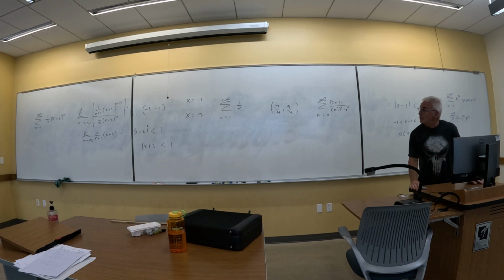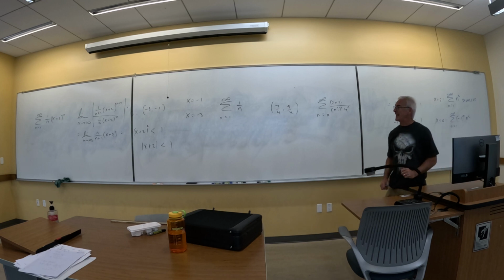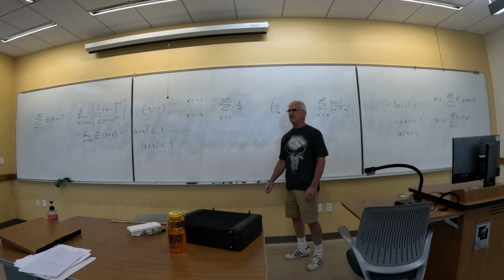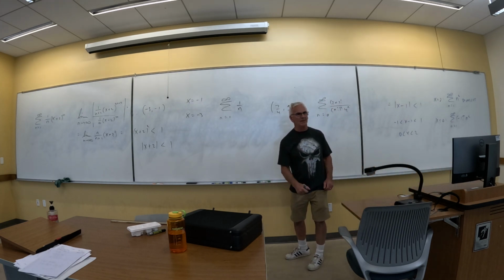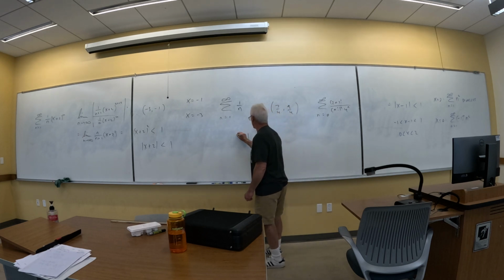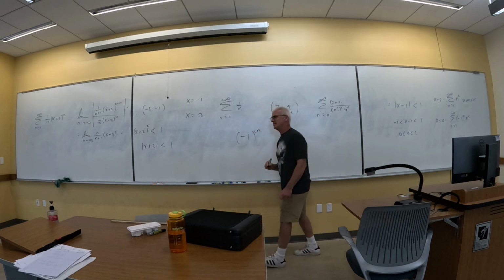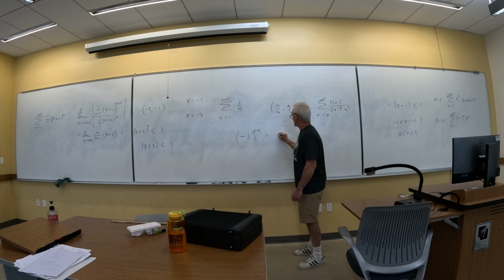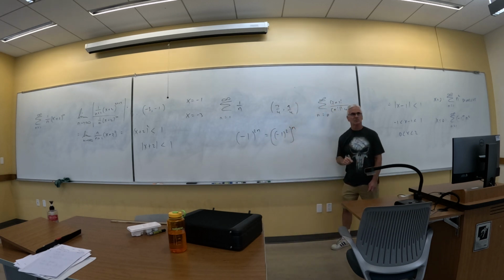If I replace x with -1, then it will be +1 to the 2n, which is just 1. If I replace x with -3, then it's -1 to the 2n. Now that one we haven't seen a lot. True or false? Rules of exponents.